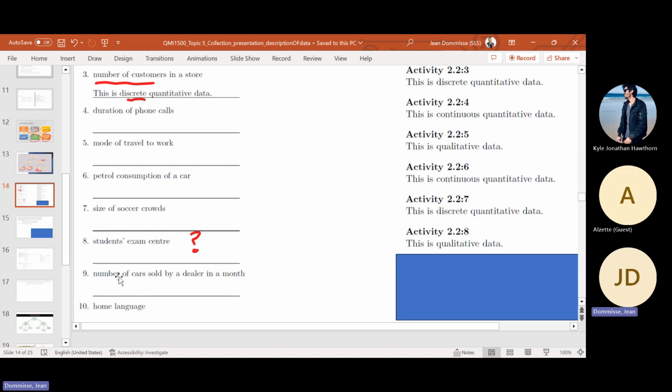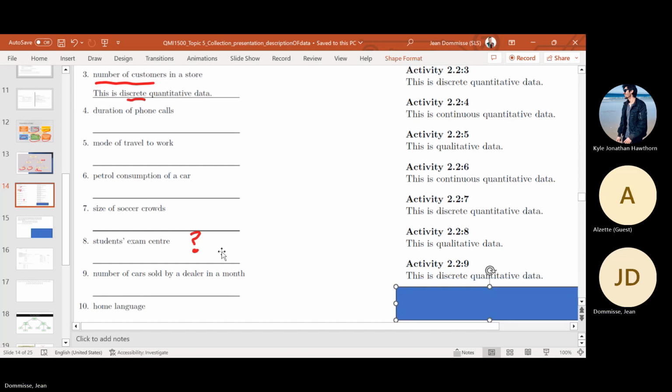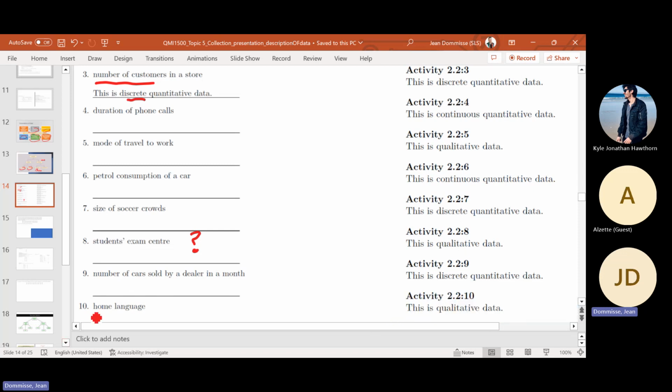Okay, number of cars, discrete. Okay, so that is, and then your home language. So home language will probably again be, and that's probably linked to the student exam as well, qualitative, and if I ask us, it will be nominal qualitative.